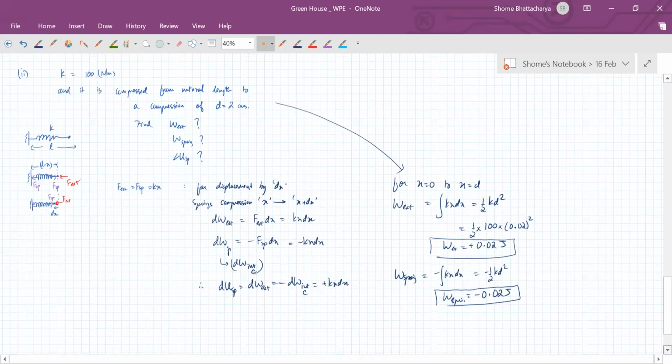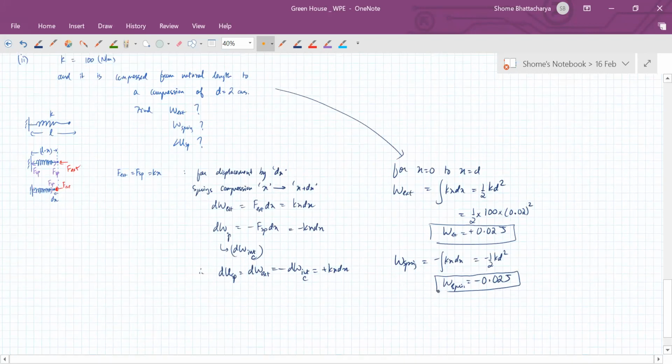So you can see that the spring is symmetrical in both directions. Whether we are taking it from 0 to an extension of d or 0 to a compression of d, in both cases the potential energy of the spring increases. Delta U is positive of this much.